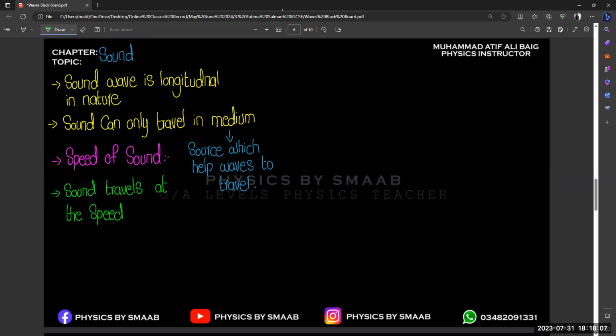No, I forgot. So sound travels at a speed of about 340 meters per second at room temperature, right? Why are we saying room temperature?